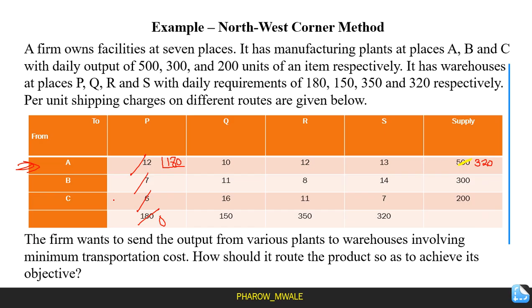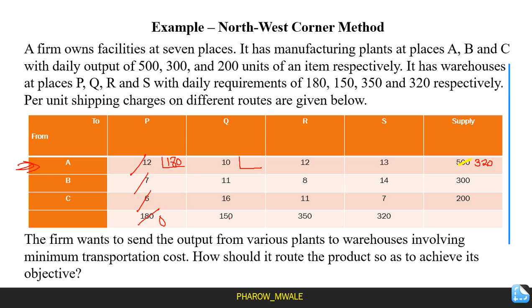What is our new northwest? It's very simple. We're going to move horizontally now, to cell AQ, this cell right here, and we're going to allocate as we have allocated previously. So it will be the same method.